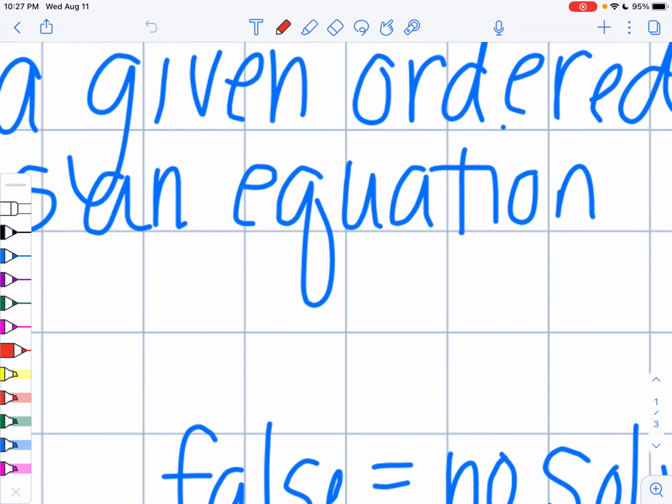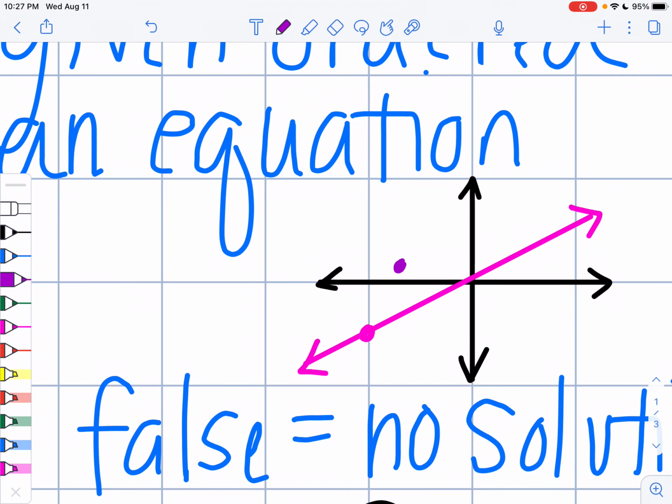If I have a graph like this, and we're just going to pretend that here is my line, okay? If I have a solution, that means that my point, my ordered pair, is going to be on my line. That would be something that would be true. If it was false, I'd get a point when I plotted it that wasn't on my line, which means it would be not a solution, not on the line. So that's what we're trying to determine without graphing.